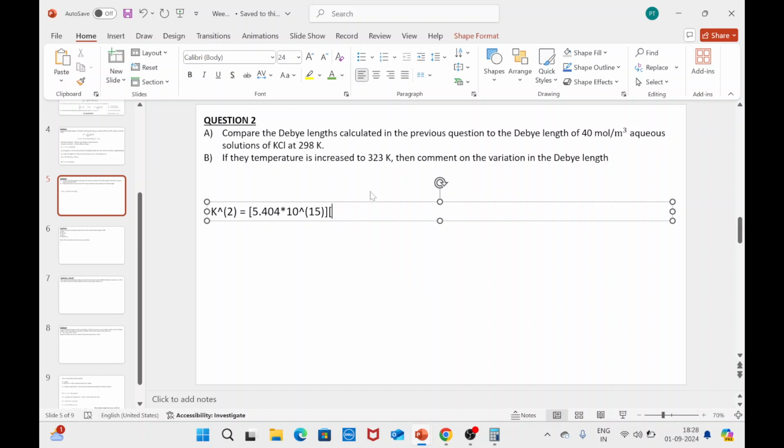Now here the valency of KCl is 1, right? So 1 square, that will be 1. It's Zi square times Ci, let me just write that so it will be easy.